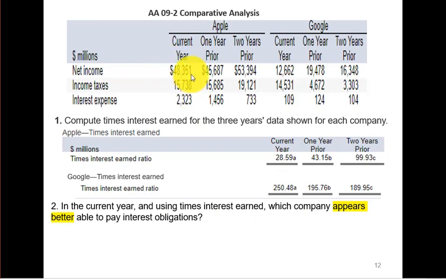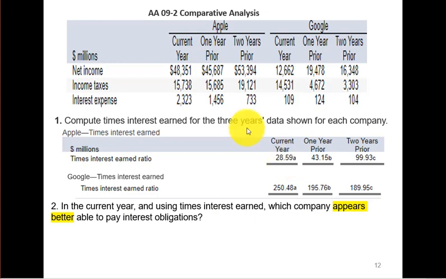So the way I got this, let's say for Apple, for the current year, I took net income 48,351, added back income taxes, and also added back interest expense. Whatever that comes out to be, I then divided by the interest expense and got 28.59 times.